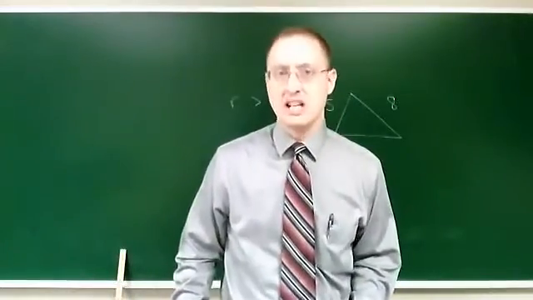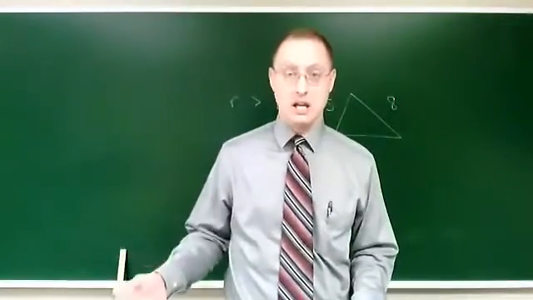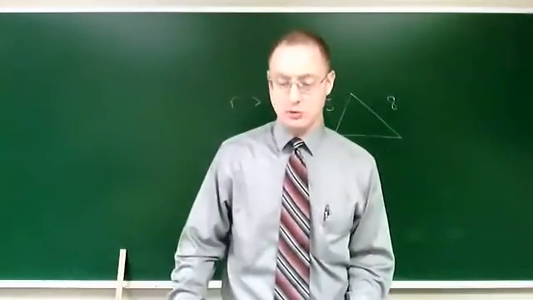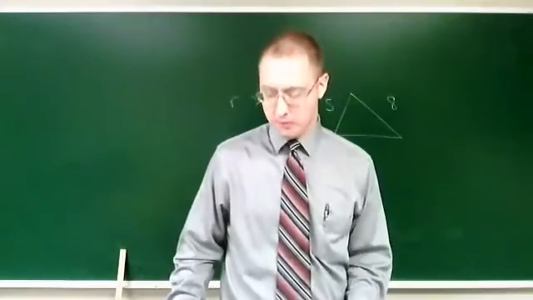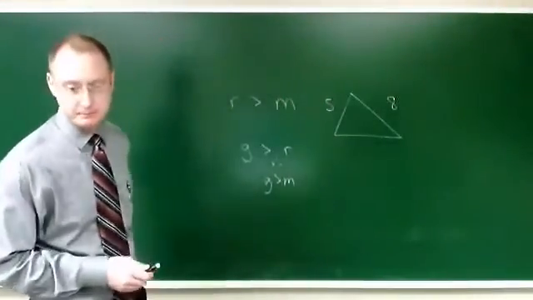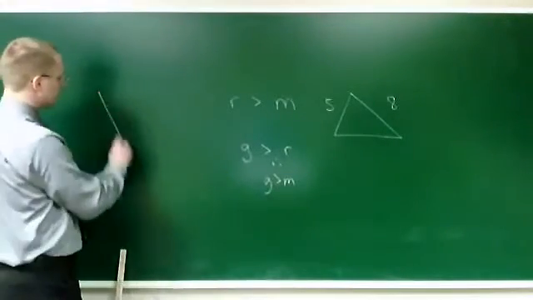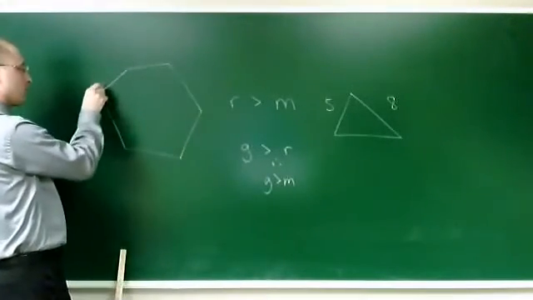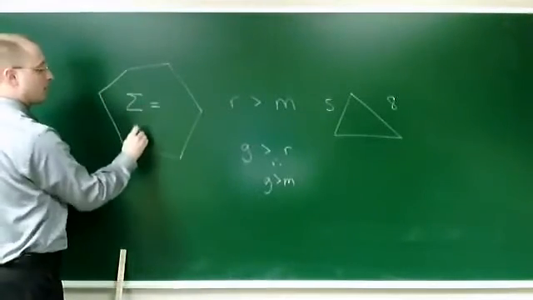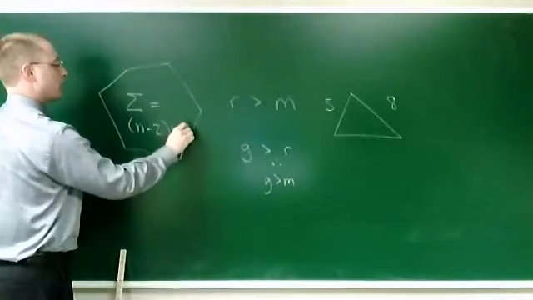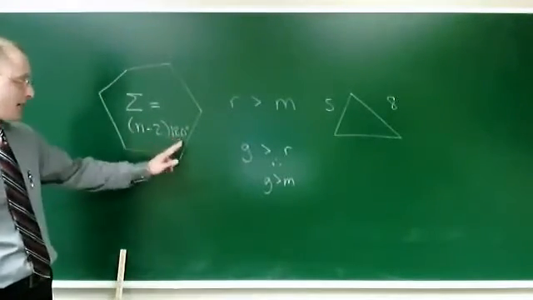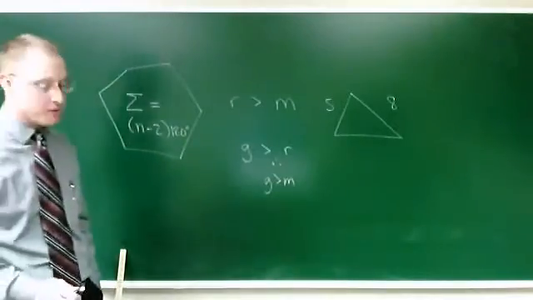In general, though, we said that for any polygon of n sides, the sum of all the angles can be found using what formula? N minus 2 times 180 degrees. The sum is n minus 2 straight angles.